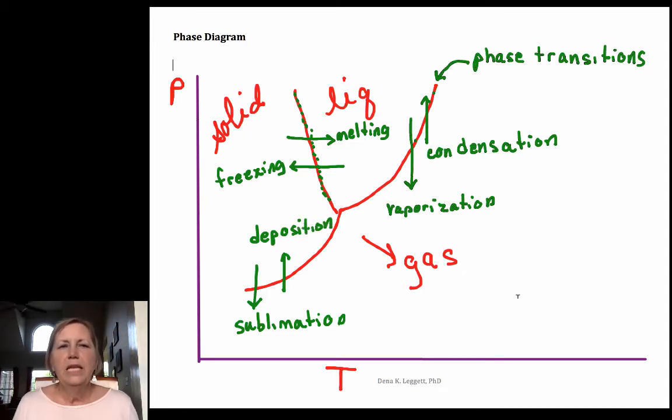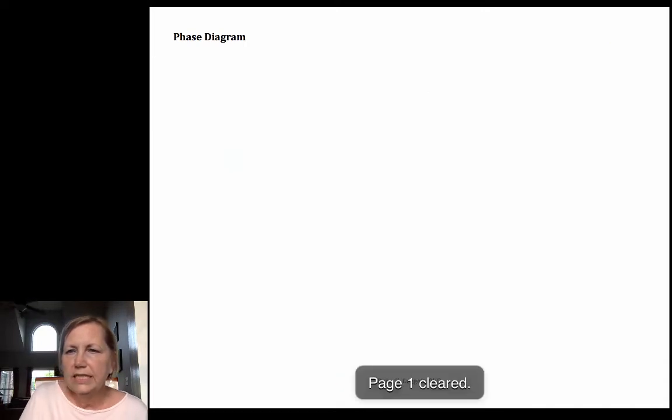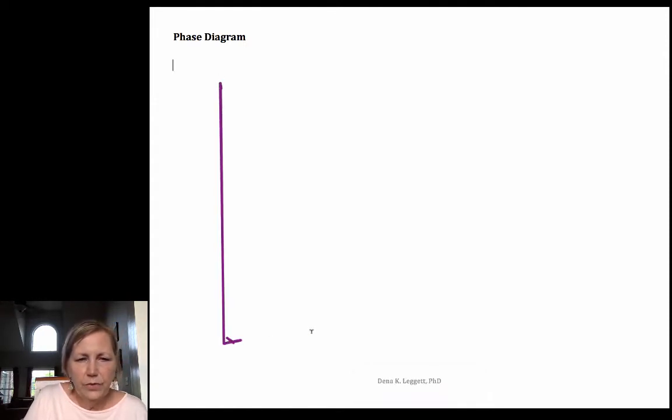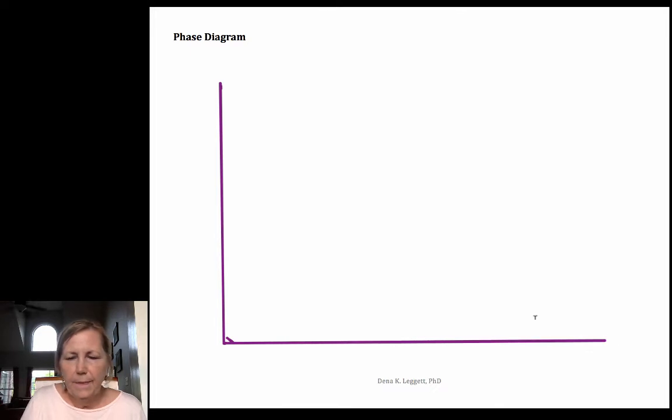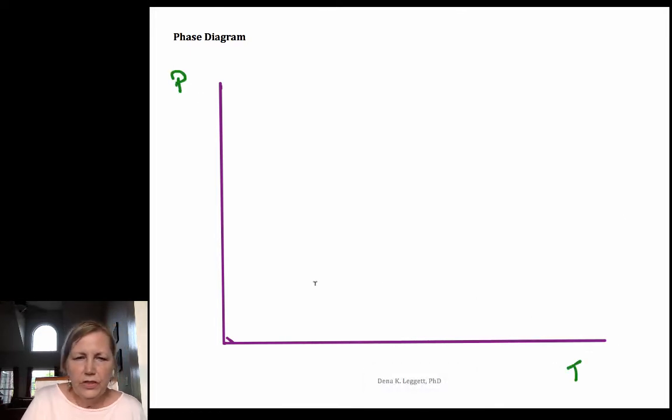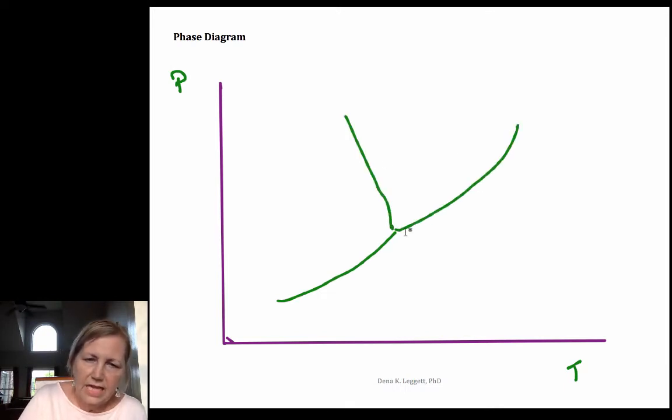Okay? Now, I'm going to erase this so that I can show you some more points on this. If I am at 1 atmosphere, so let's recreate this very quickly. I've got pressure, temperature, curve, curve, line.